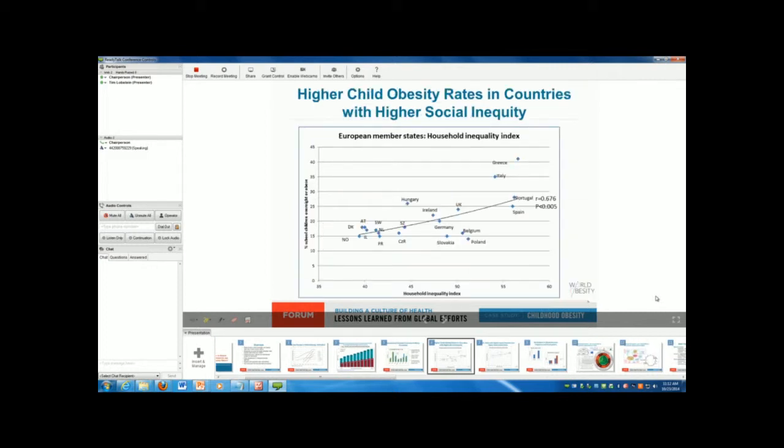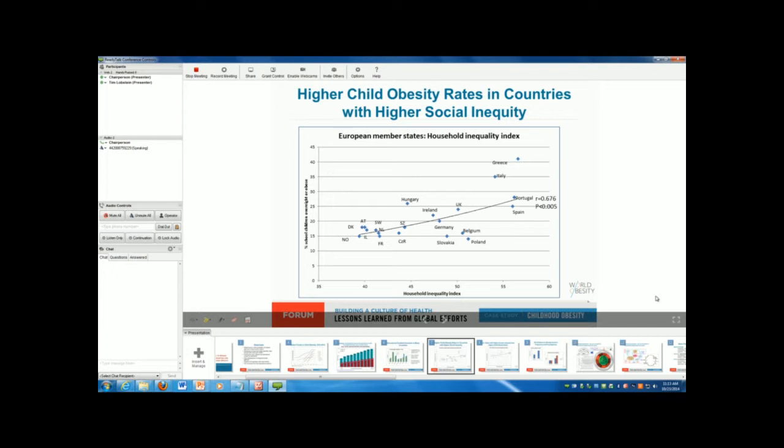Yeah. Okay, European member states household inequality index. There is a correlation between the degree of inequality that a country has and the child obesity levels. So countries that have a high degree of inequality, which are Portugal, Spain, Greece, and Italy on this graph, are likely to have higher levels of child obesity than the countries with very egalitarian households, Denmark, Norway.